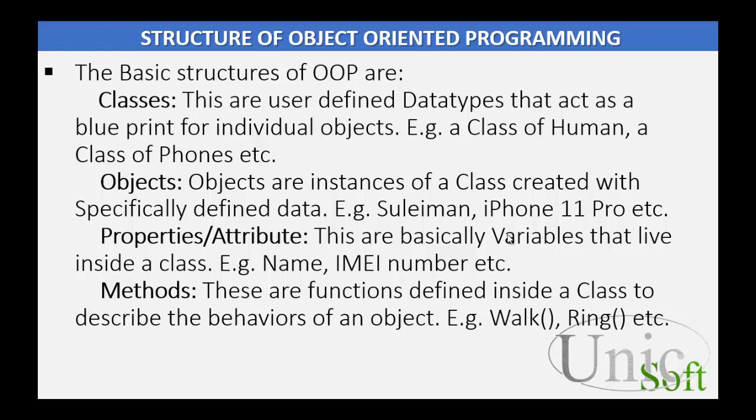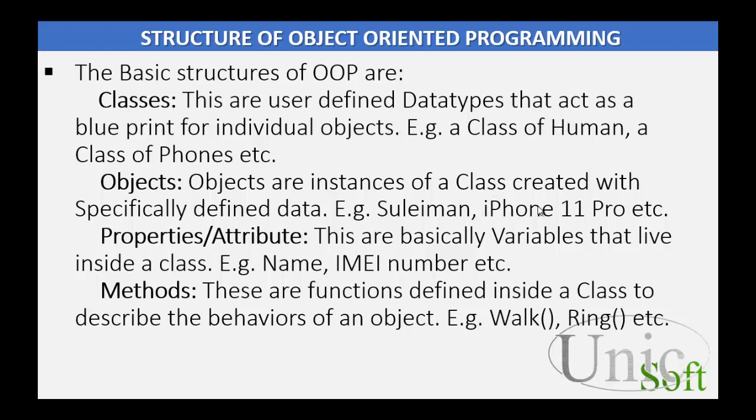You can see the class as maybe a diagrammatic representation of an object, a sketch, a framework of it. Then you see the object as the real life implementation of that sketch. An example here is a person named Suleiman, which can be an instance of the class human.